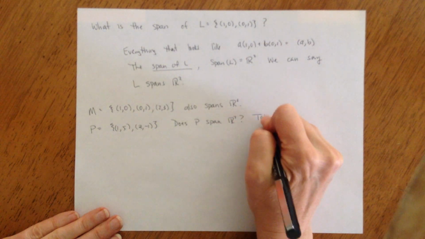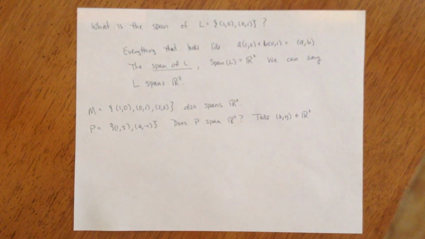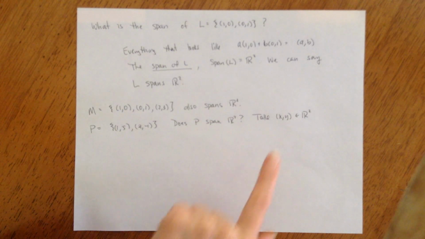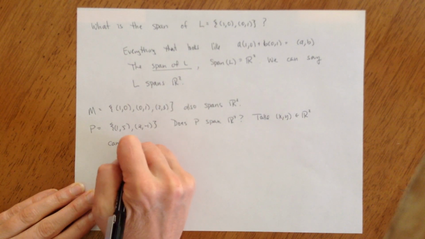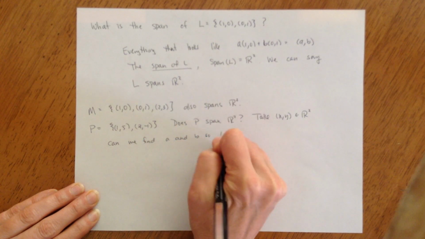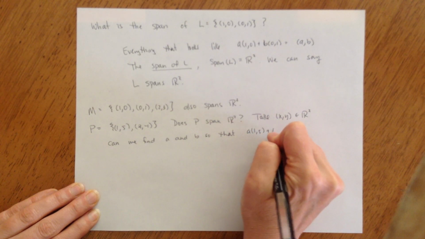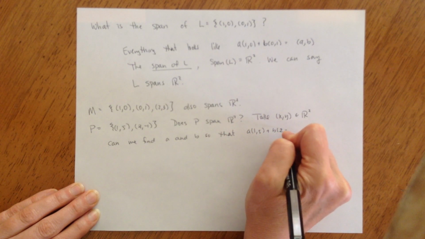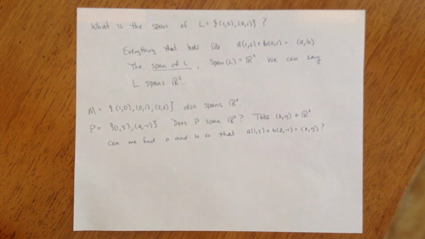So take x, y in R2. So there's a vector in R2. And we want to know if we can write this vector as a linear combination of these things. So can we find A and B so that A times 1, 5 plus B times 2, -1 is equal to x, y. So that's the question.